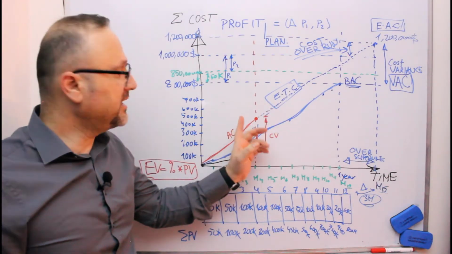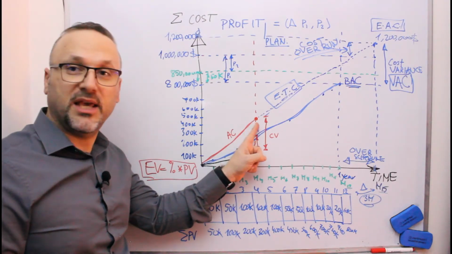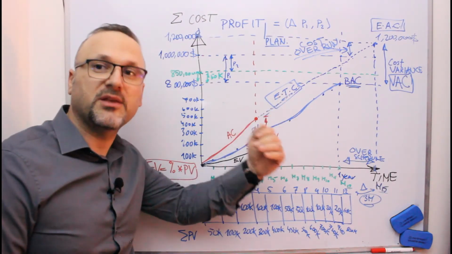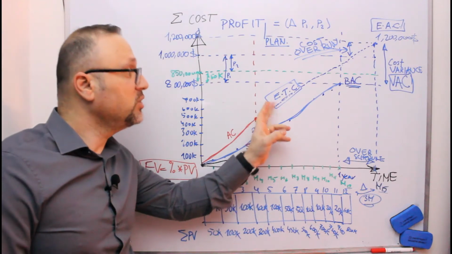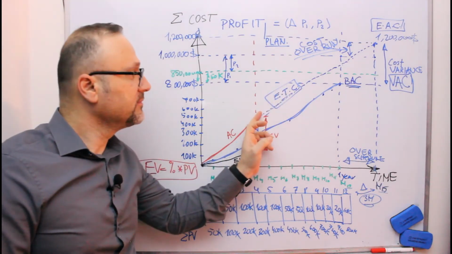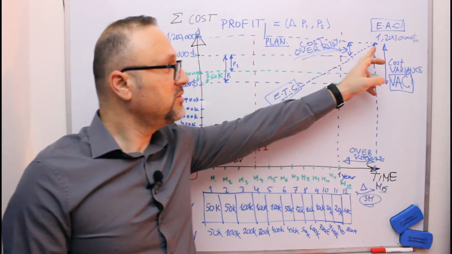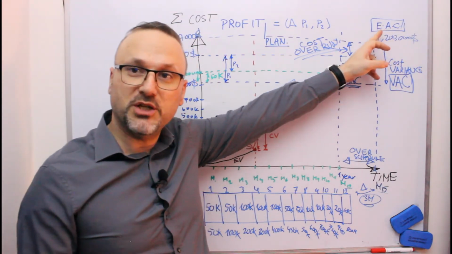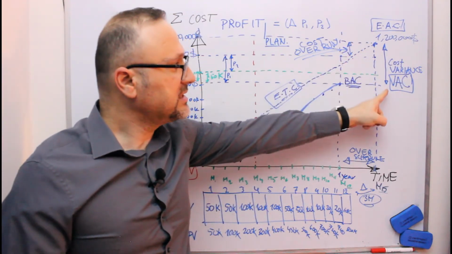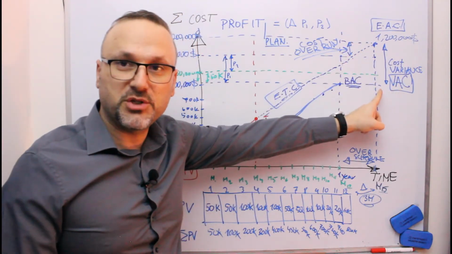We will explain it. You are here today. You will calculate your estimate to complete. This we will come to in the next episodes. You will check this value. Then you will get the estimate at completion. Once you get the estimate at completion, you will see your variance at completion.